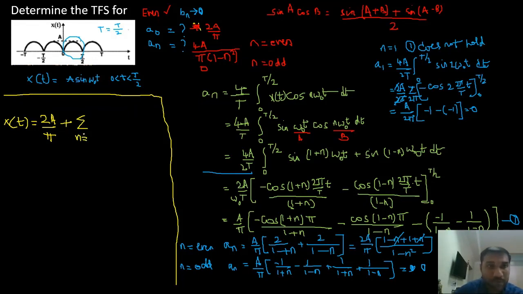We only have even numbers, right? For odd it is 0, so I can write n is equal to 2, 4, 6 and so on.